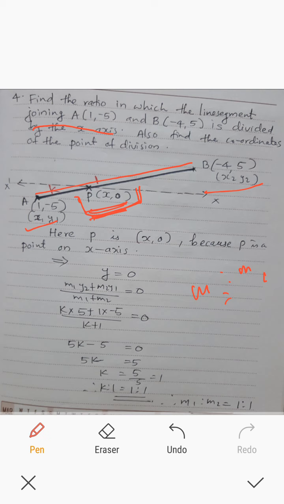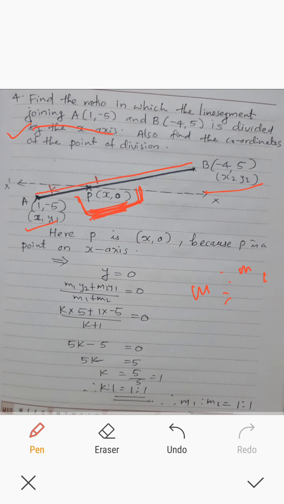All the points on the x-axis have an x-coordinate, but the y-coordinate is 0. So the coordinates of P are (x, 0), because the point of division is on the x-axis.